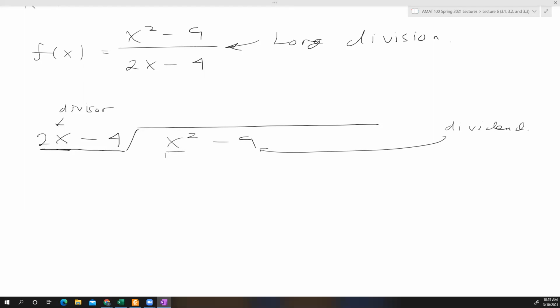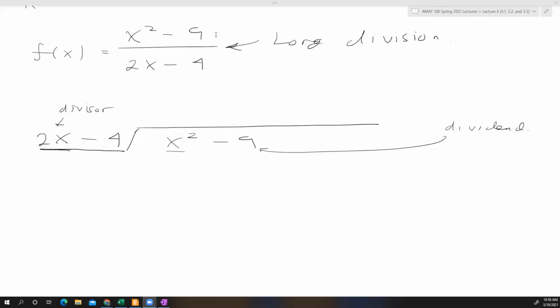Sorry, it's the other way around. What do I need to multiply the divisor by so that the leading term matches the leading term of this?